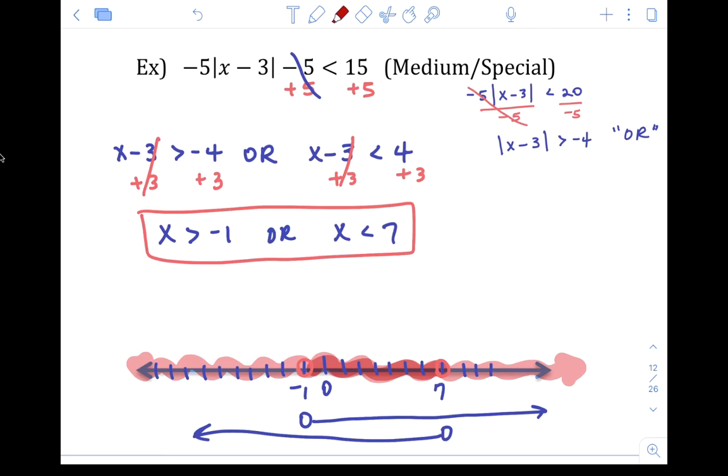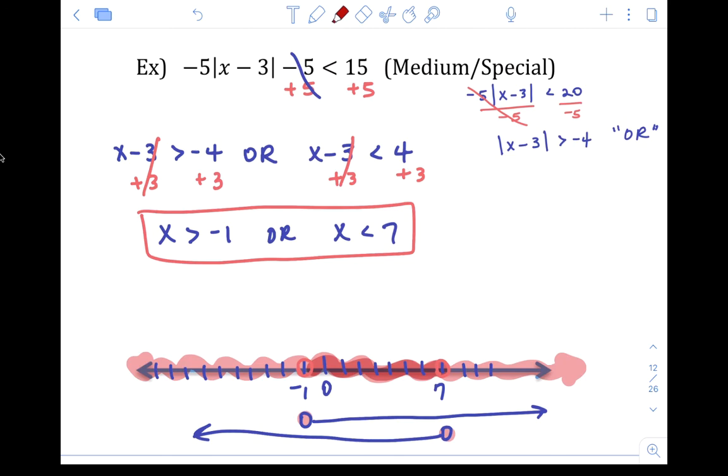So the circles get filled in by the other argument's shading, and there's nothing open. The entire number line ends up being shaded, because in ORs, whatever happens, happens. Your answers only have to be any x greater than negative 1 or any x less than 7, and any number will fit one of those two categories. It doesn't have to be simultaneous, because that would be an "and", and this is an "or".